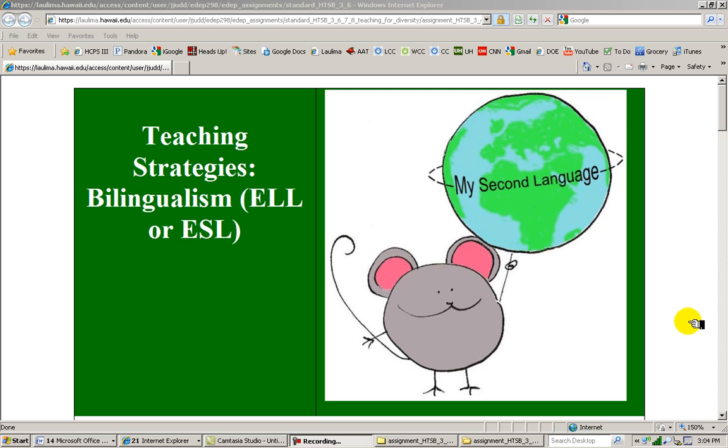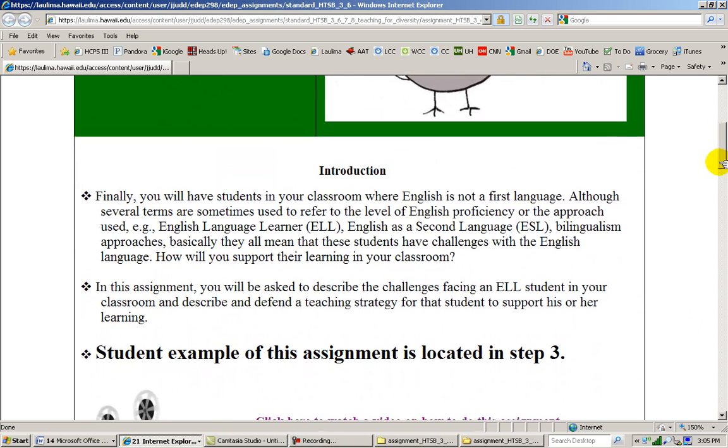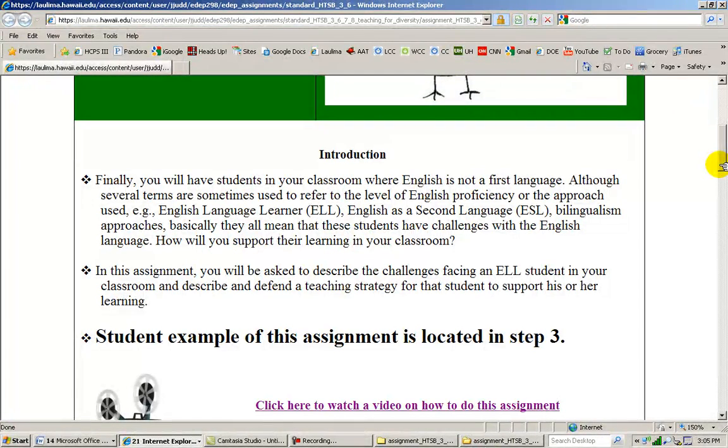And we use this term because all of the other terms have some kind of a value judgment on it, saying that it's limited in their English speaking or it's a second language. But calling folks English language learner just means that they're learning the English language, and there's no value attached to that. In this assignment, you will be looking at those folks and coming up with a teaching strategy.